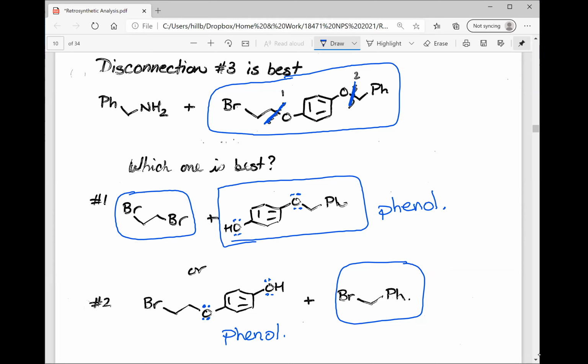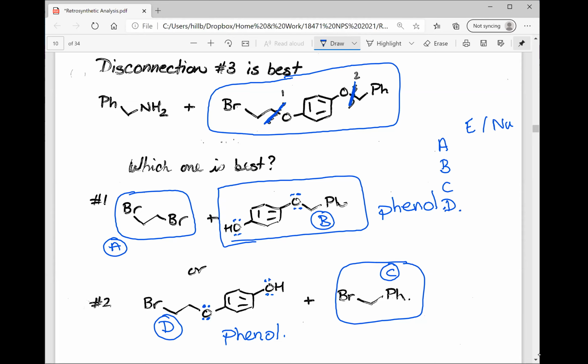Okay, so let's do the analysis this way. I'll label all of these different letters: A, B, C, and D. Electrophile, nucleophile.